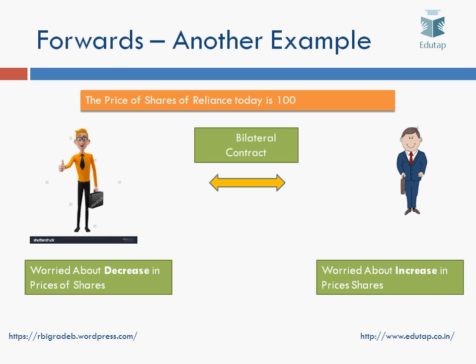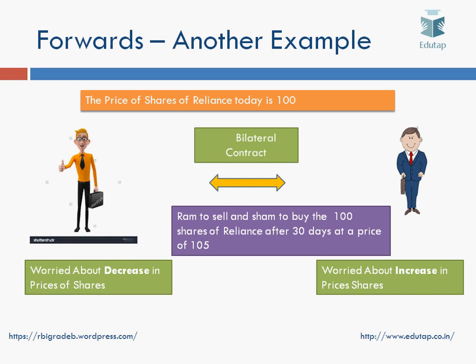So since they have opposite views, they enter into a bilateral contract, and as per that contract, Ram will sell to Sham 100 shares of Reliance after 30 days, say at a price of 105. So in this case, Ram will have an obligation to sell 100 shares of Reliance, and Sham would have an obligation to buy 100 shares of Reliance at the agreed price of 105 after 30 days from now, that is in future.